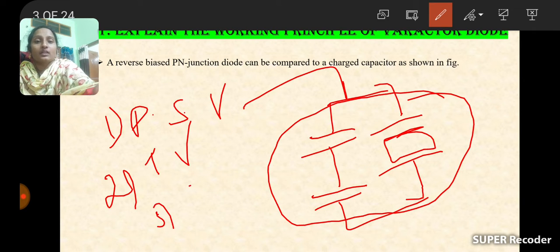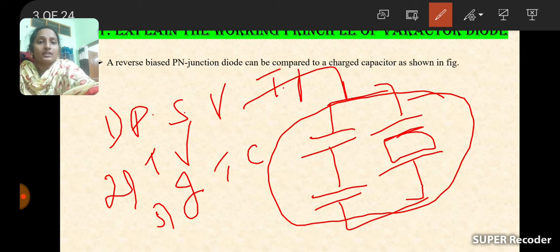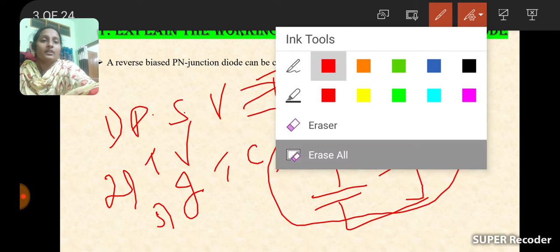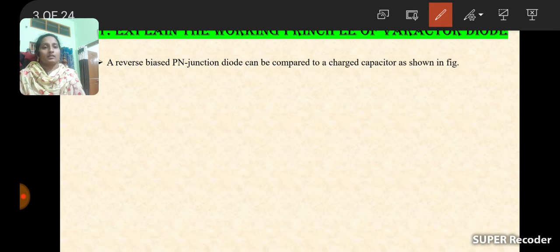Third one is improper tapping of coils, and transistor parameter variations also. And low Q sometimes, and high heat dissipation. All these are the reasons that produce instability in oscillations.